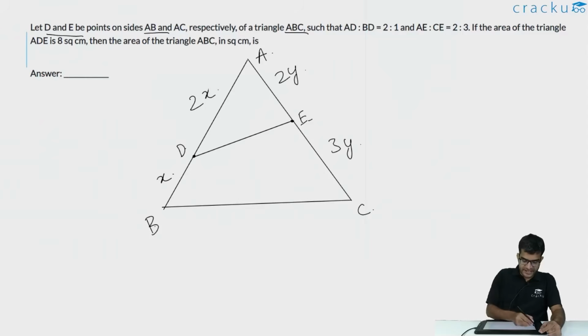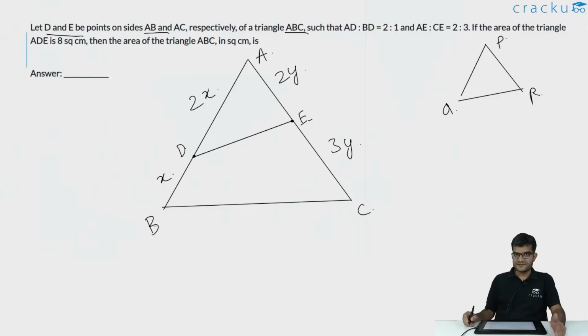We know that in any triangle, say the triangle's name is PQR, just to avoid any confusion, and suppose the length of the sides opposite each of these angles is small p, small q and small r, then what is the area of this triangle PQR?